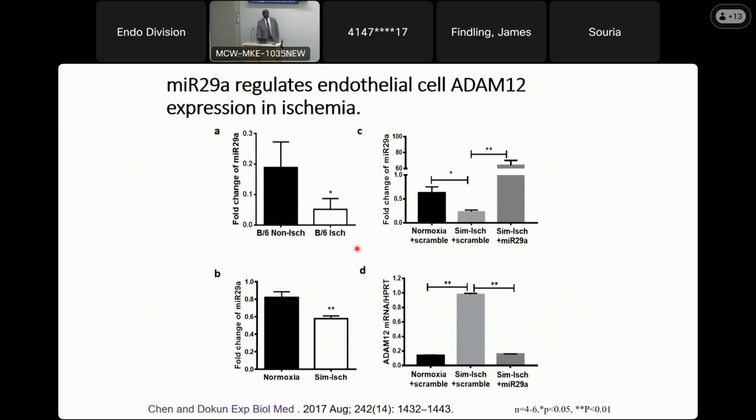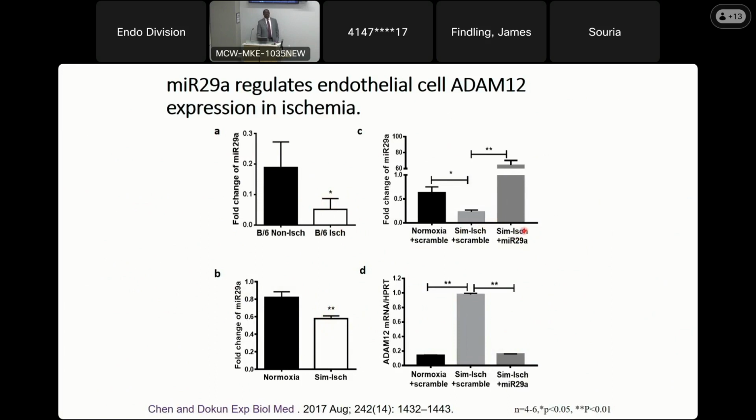So to better understand how miR29 is expressed and to confirm our findings from the microarray profile, we looked, and you see in B6 ischemic limbs, you see less miR29 expression, and in the endothelial cells in vitro, you see less miR29 expression.